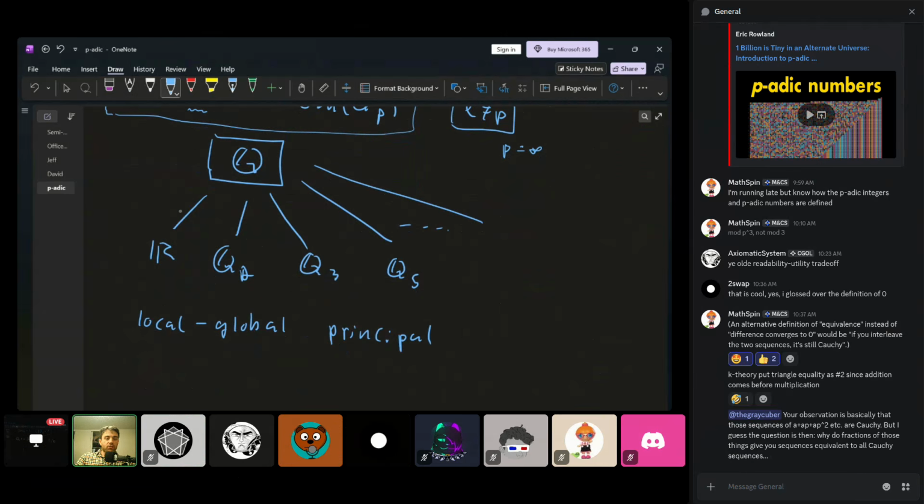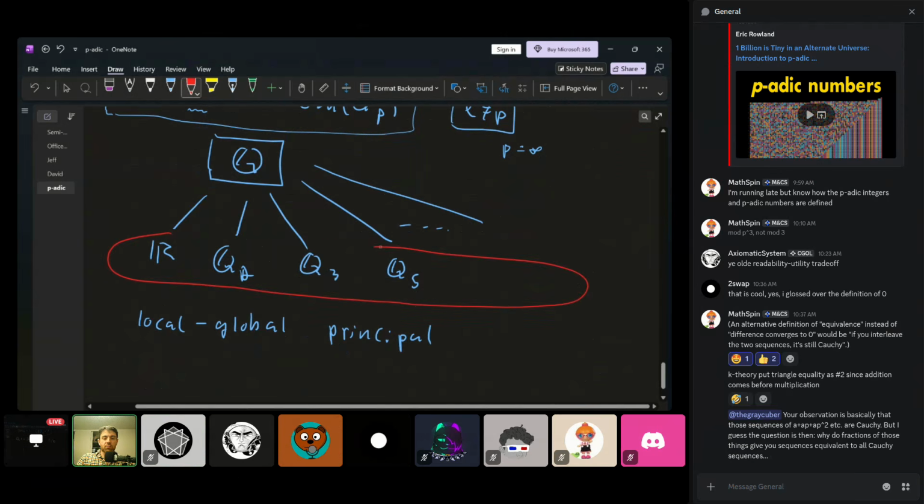And the idea is, well, perhaps since there's this intimate relation between all of these fields and the rational numbers, maybe there's some way to transport information back and forth. For instance, the rationals embed into each one of these fields.